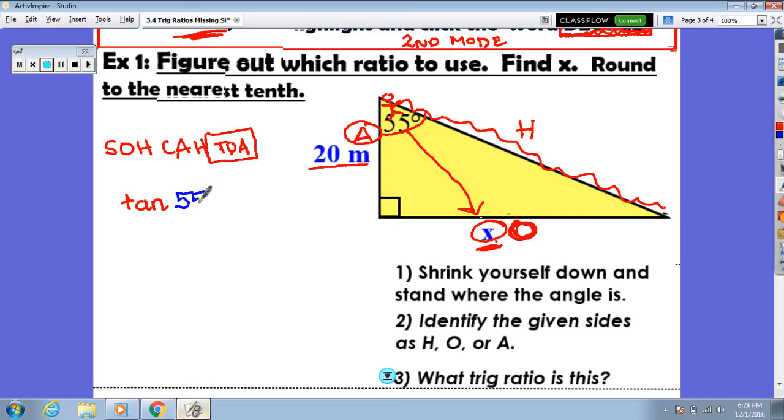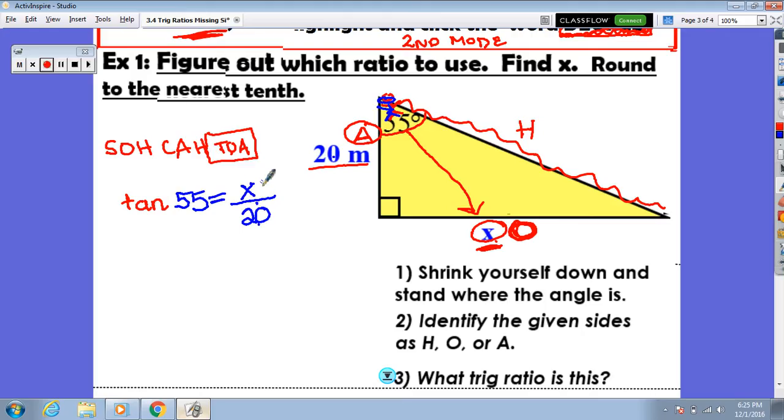So the tangent of 55, because that's the angle we were looking at, remember, the little man was over here and we're looking at it from his view, equals opposite, which is x, divided by 20. So we're still doing opposite divided by adjacent, okay?